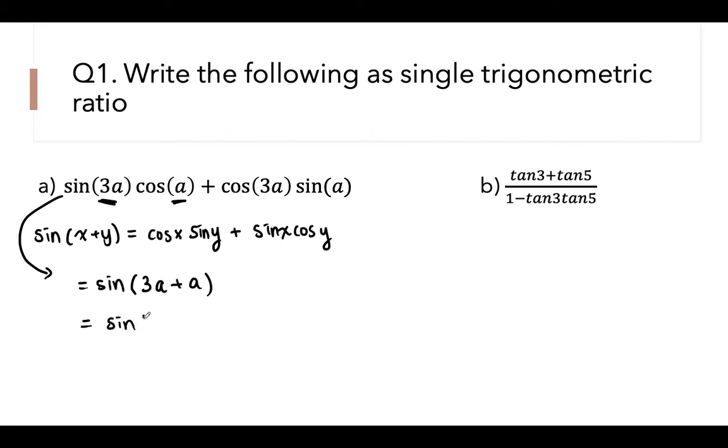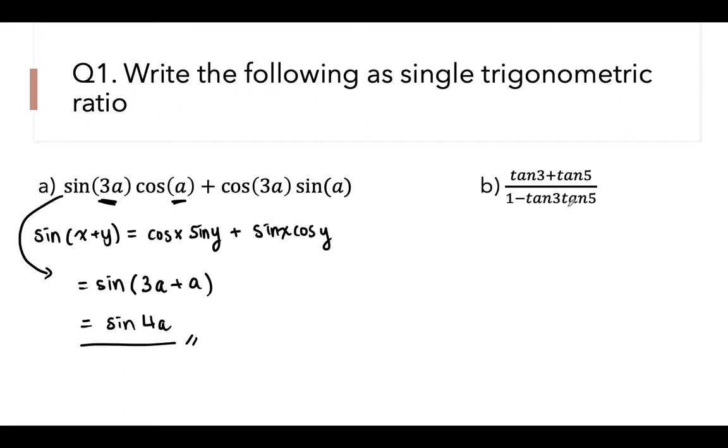So sine 4A. This is a single trigonometric ratio, and I could expand this by writing it as a compound formula, breaking it into 3A and A.